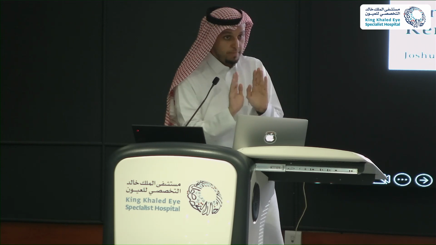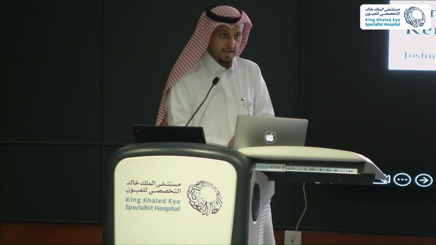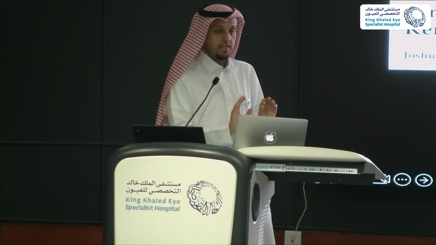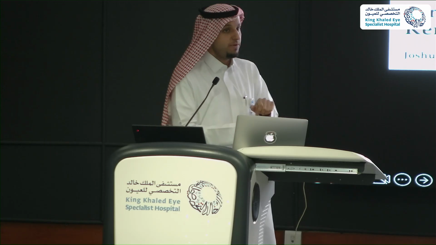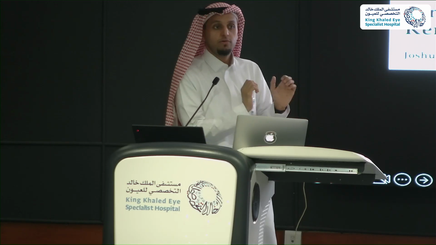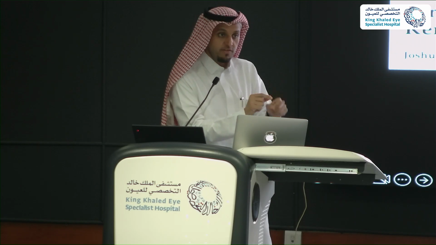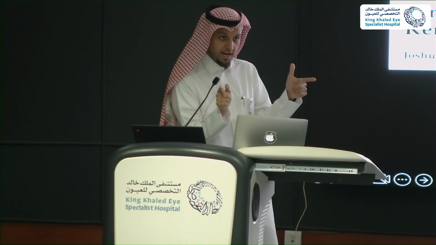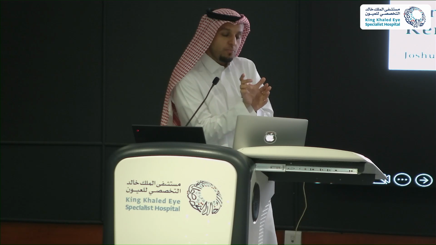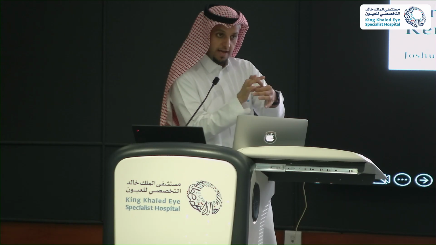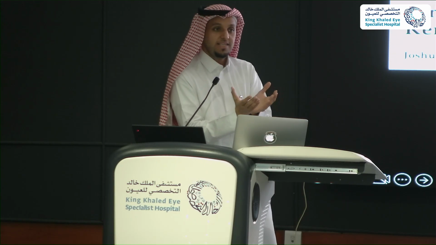So the success rate based on evidence so far is 100%. Even if you didn't get your big bubble, you are very deep into the stroma. You can do some dissection and remove the remaining stroma. Even if you perforated in such cases with a large graft, your posterior opening is around 6 millimeters.